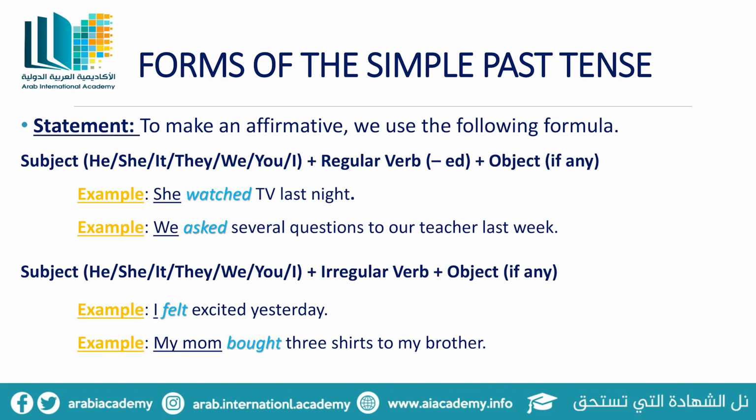And since buy is an irregular verb, we did not add ed to the word buy. We change it to bought. At the end of this session, I will show you the irregular verbs and how they are converted to the past tense.